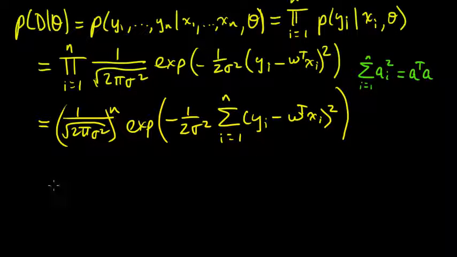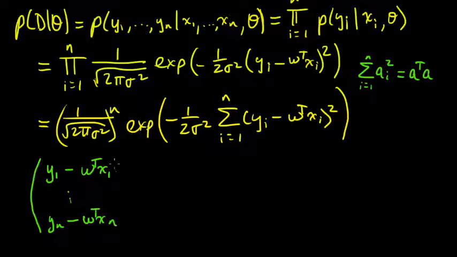So let's think about this. The vector a in this case is going to be y. We can line up all these quantities into a vector. So it's y1 minus w transpose x1 down to yn minus w transpose xn.